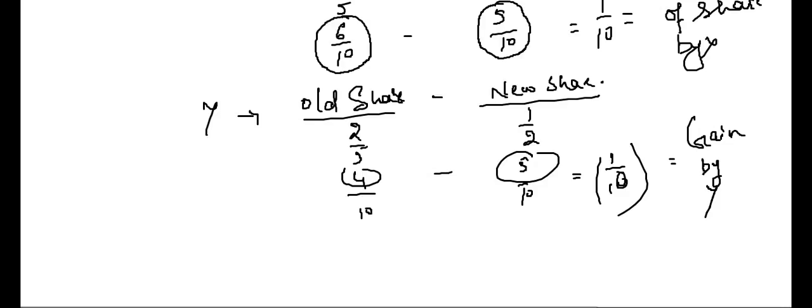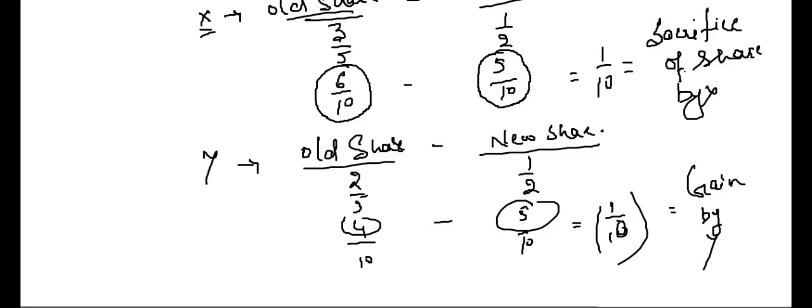Now read this equation. X is sacrificing 1 by 10 and Y is gaining 1 by 10. What it means is that X is sacrificing some part of his share in favor of Y. Y is at a gain and X is sacrificing in case of change in profit sharing ratio.